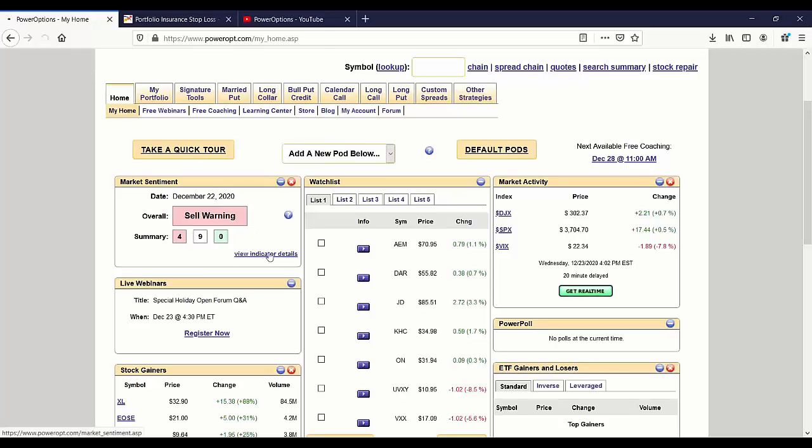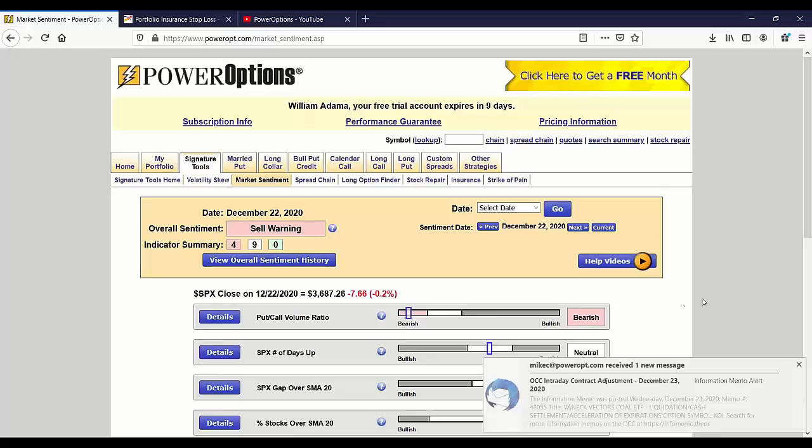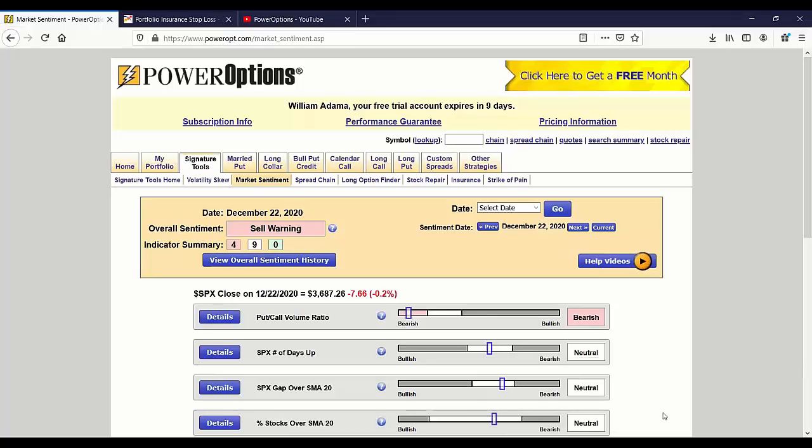Let's click on View Indicator Details. Sorry about that, folks. And as you can see here, the market sentiment shows all of the individual components of that market sentiment tool.